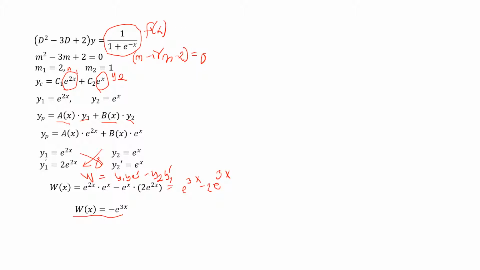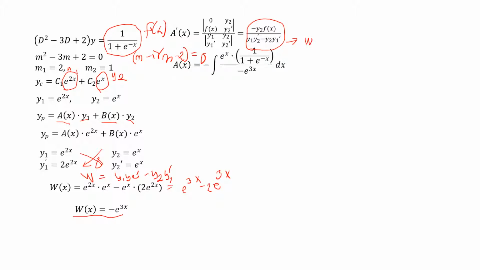Now you can solve for a and b. Remember our formula, a prime x. This now is our formula where the denominator is w, which we know already. Therefore, your a of x is the integral of, this is our y2.